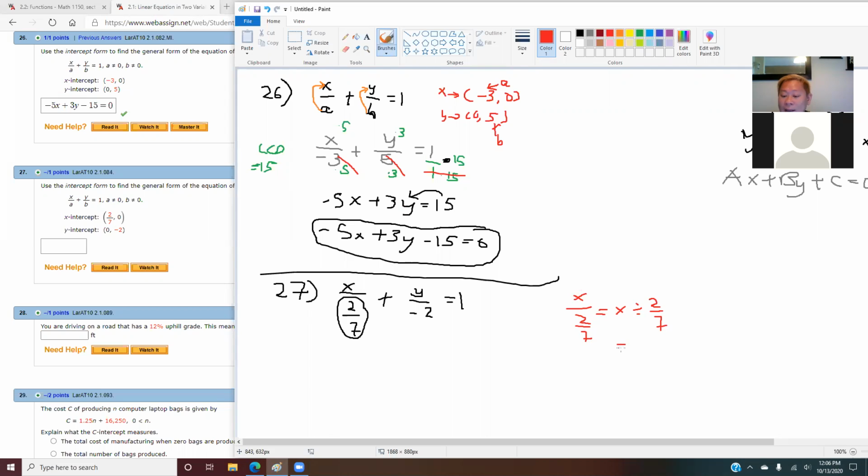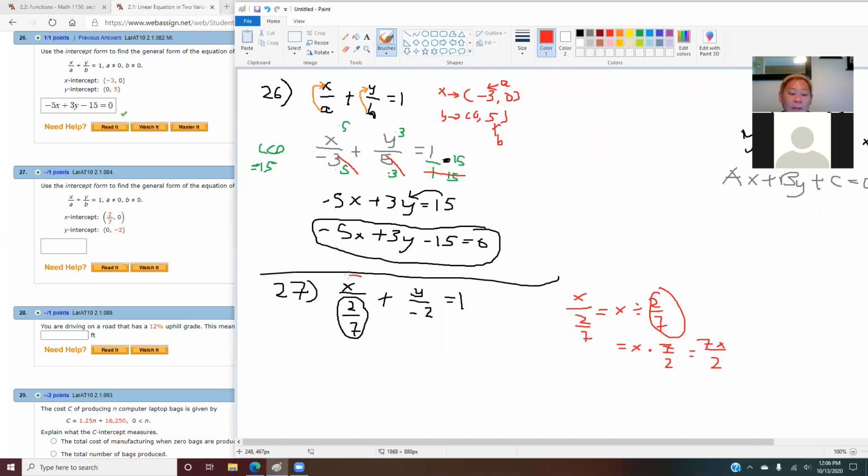And as you know, division can change into multiplication, and you need to flip this fraction, 7/2. So this is actually 7x/2.